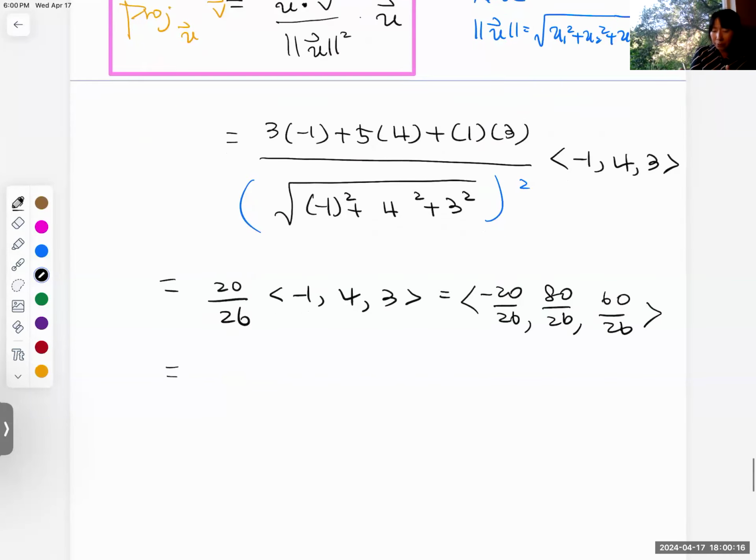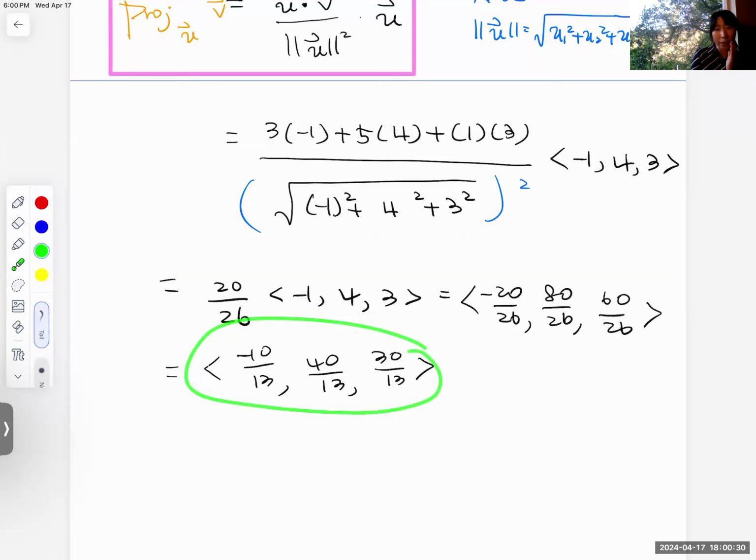We can go directly from here to here. So we can do negative 10 over 13, 40 over 13, 30 over 13. This is the simplest one. Don't be sorry. You did a really good job.